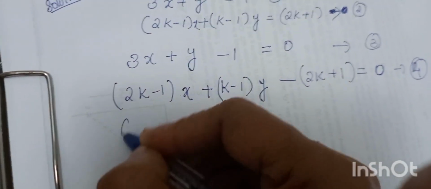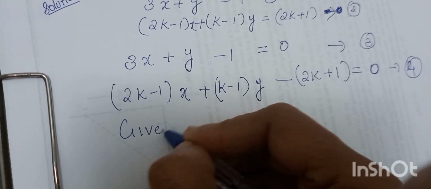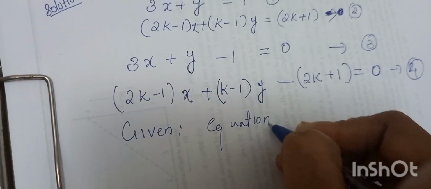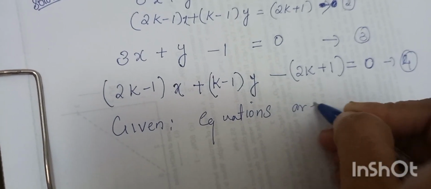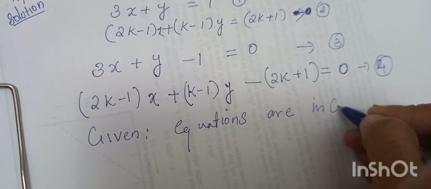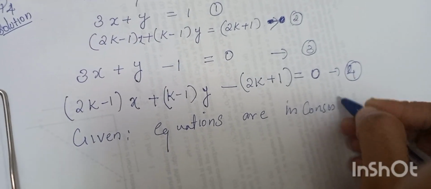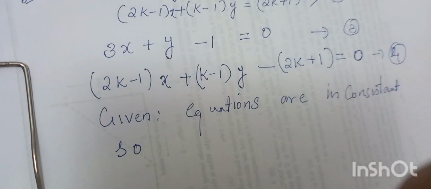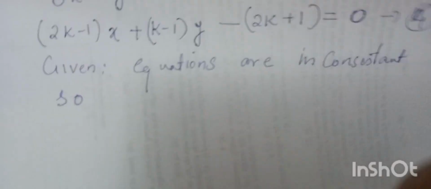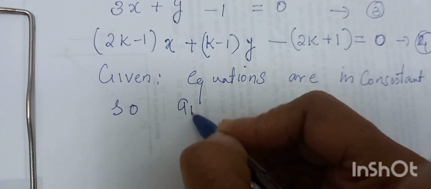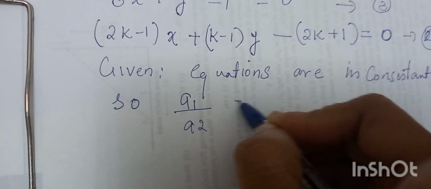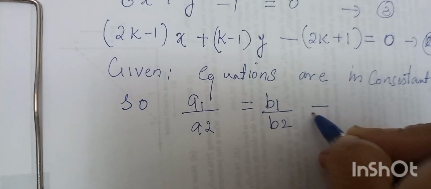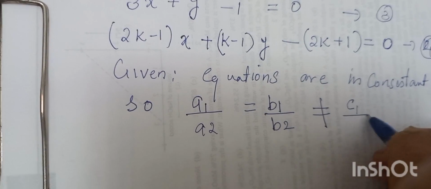Okay, given equations are inconsistent. So a1 by a2 is equal to b1 by b2 not equal to c1 by c2.